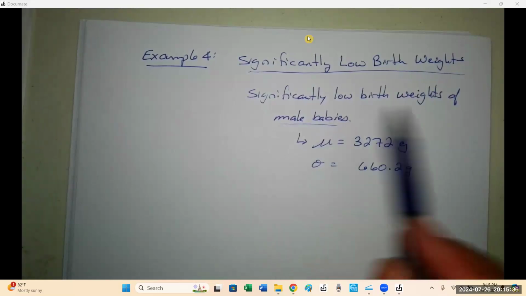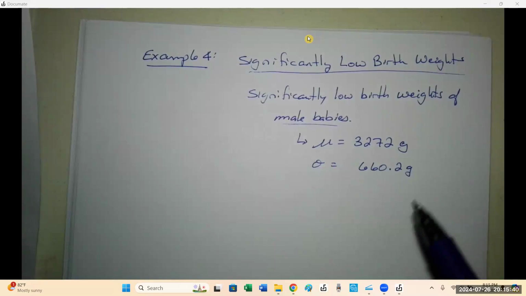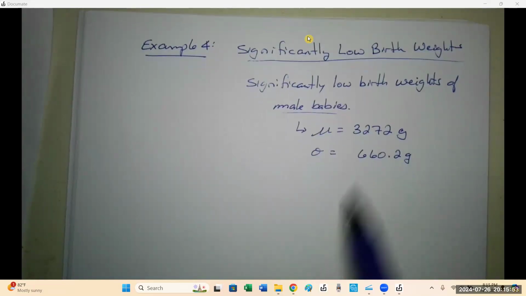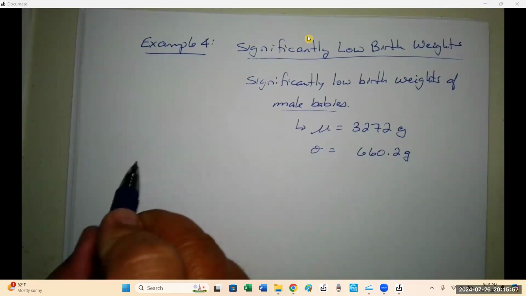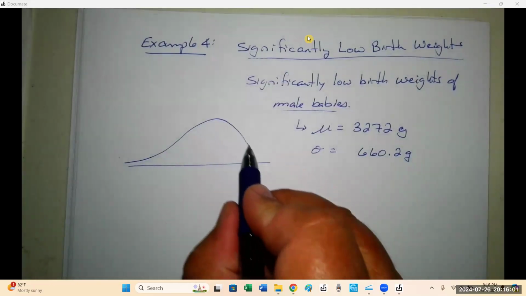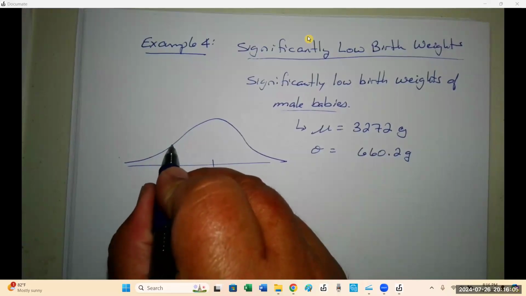We're trying to find significantly low. So what are we looking for here? We're going to find what value. So what we're looking at here, our picture, our mean's right here. Significantly low.